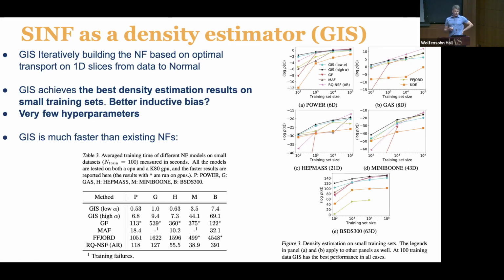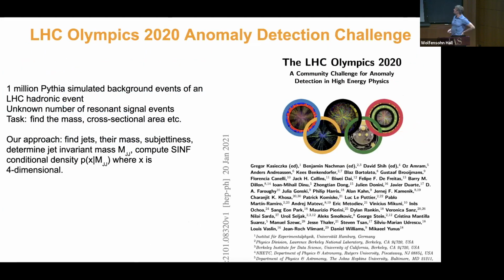All right, but let's see what we can use it for. Here's one example: anomaly detection. There was this LHC anomaly detection challenge 2020, where they generated 1,000 signal events for an LHC experiment, 1 million background events, and then injected some unknown signal in there, which turned out to be some resonant signal with some jets and so on. All they give you is the output of an experiment.